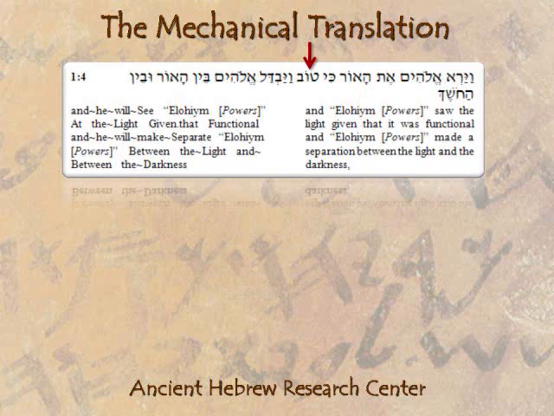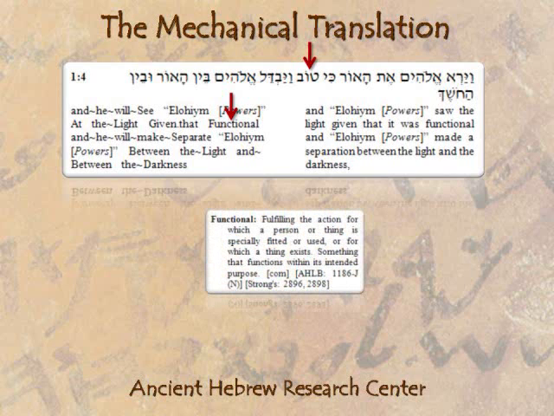The next word is tov, meaning functional, or always translated as functional in the mechanical translation. The dictionary entry, and here it is in the Revised Mechanical Translation. Take note of the words it was prior to the word functional. Sometimes it's necessary to insert words in the Revised Mechanical Translation so that the sentence will make sense in English.